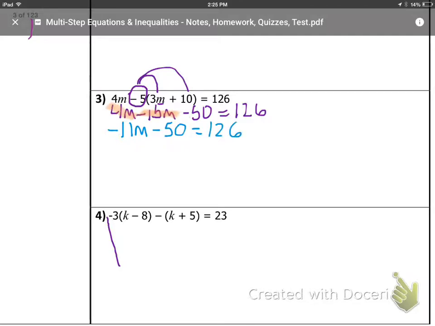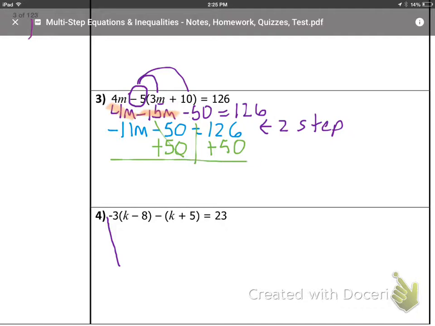Now what do we have? We have a two-step problem. So we're going to solve it like we've been solving two steps. Get rid of this number first. Oops. We're going to add that number because it's already negative.